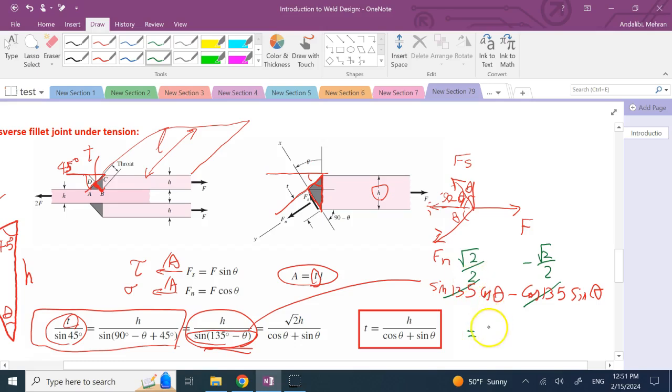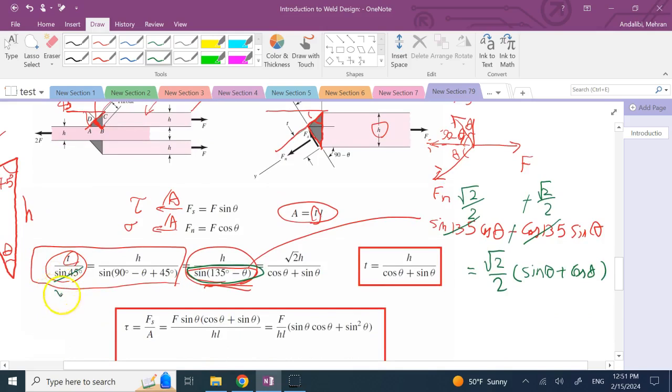So if you simplify it, it's going to be square root 2 over 2 times sine theta plus cosine theta. That's this guy. And this sine of 45 is also square root 2 over 2. So if you cancel these square root 2 over 2's with each other, you have one here and one here. Simplify, and you get this formula for T.